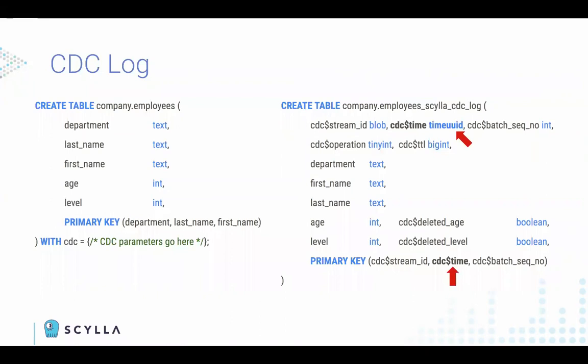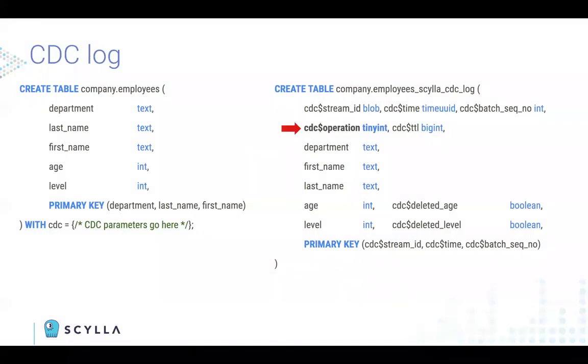It's not stored as a pure time, but as a time UUID to avoid clashes with other operations that were performed at the same exact time. Finally, there's cdc_operation, which allows us to say what kind of operation caused the entry in the CDC log.